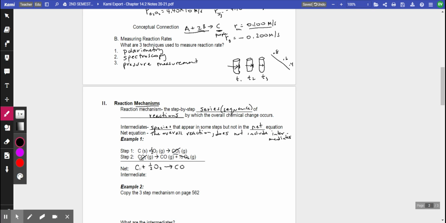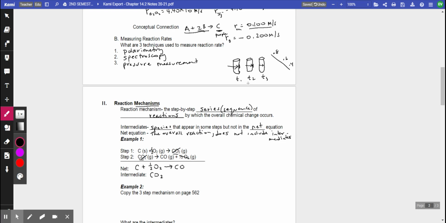So carbon plus oxygen can produce carbon monoxide as well as carbon dioxide. And the intermediate for this reaction was CO2. The one that was produced and then used up is CO2.